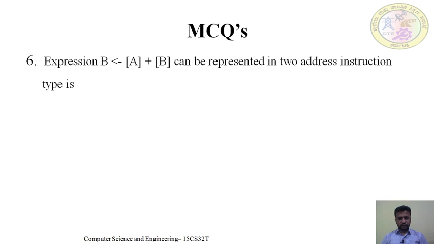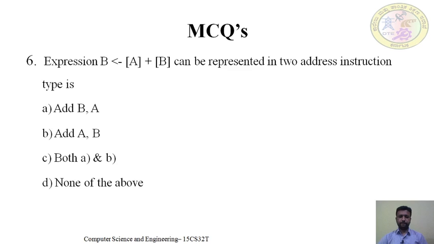This performs add the content of A and B and shows the result in B. Option A is adding content of B and A and storing it in A. So it is wrong, because our question stores the content in B. So option B, add A comma B. Here it adds the content of A and B and stores the result in B. So the answer is B.